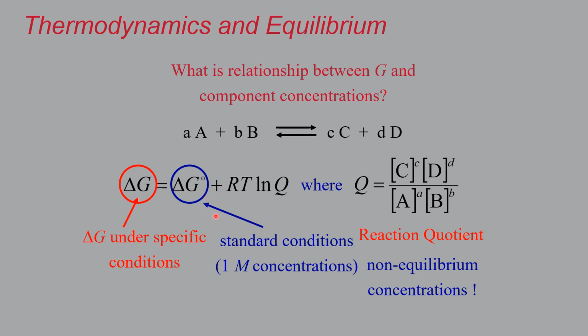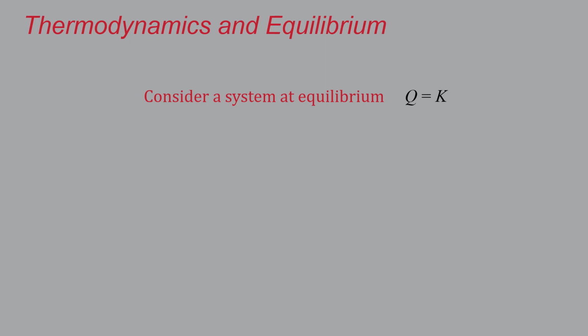So again, using tabular data, you can figure out the expected free energy change for the standard conditions. And then this is an adjustment for the conditions that you are dealing with right then and there. And this ends up being a fairly powerful expression. It also allows you to do something else that's pretty interesting. Interesting here being, of course, kind of subjective.